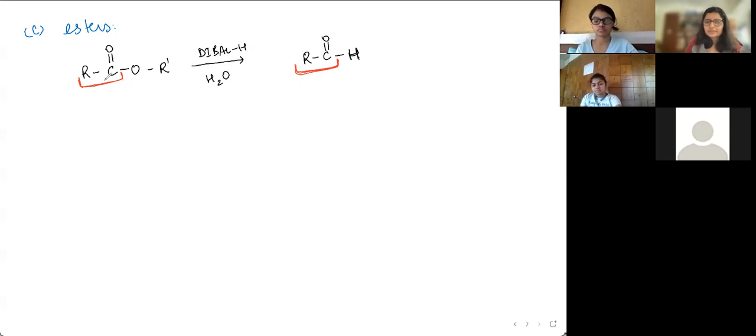Here also the same thing is happening. Ester is an acid derivative, and this whole part is coming from the alcohol. So whatever comes from the alcohol gets cut off and this is converted to an aldehyde. You can take note of that. When you're predicting the products, don't be confused about which part goes where. Whatever is attached to C double bond O will be the part of the aldehyde.